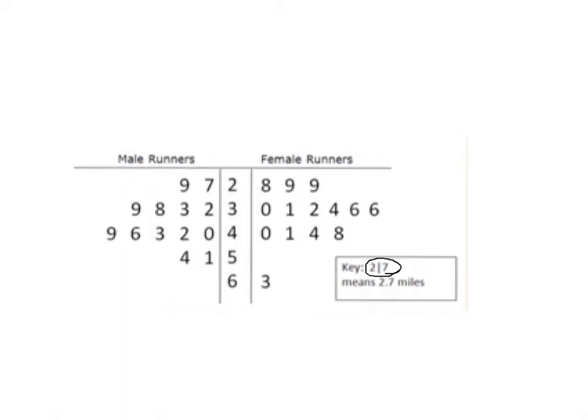A stem and leaf plot is like a histogram, but it has been rotated 90 degrees. If we were going to look at the distribution of our female runners, we could sketch a curve, noticing that the distribution of females looks like it's right skewed.